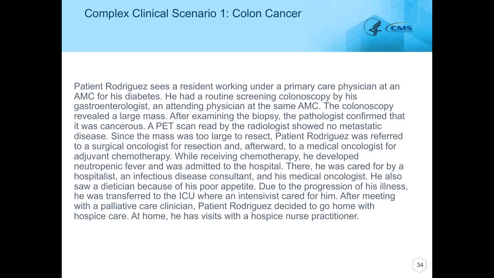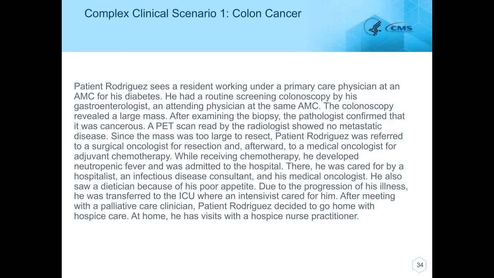So in our more complex scenario, we have patient Rodriguez sees a resident working under a primary care physician at an academic medical center for his diabetes. He had a routine screening colonoscopy by his gastroenterologist, an attending physician at the same academic medical center. The colonoscopy revealed a large mass, and after examining the biopsy, the pathologist confirmed that it was cancerous.